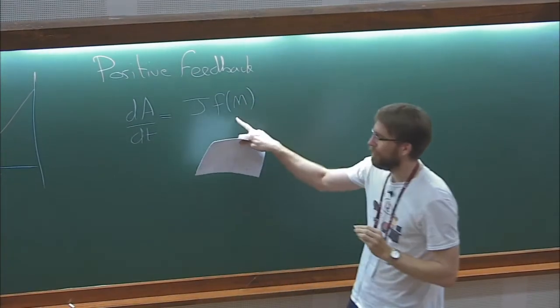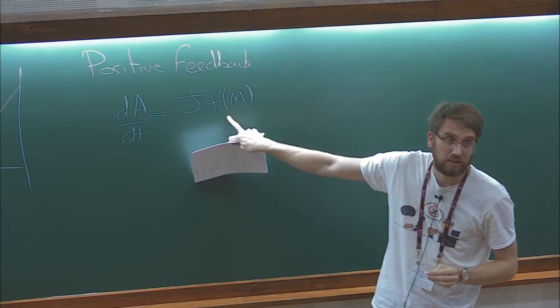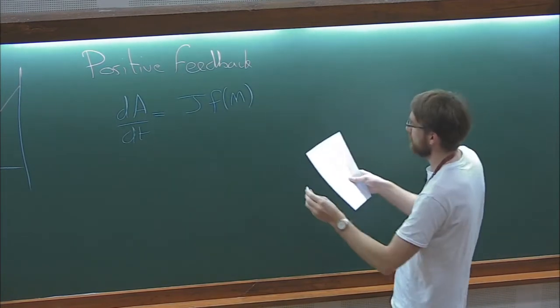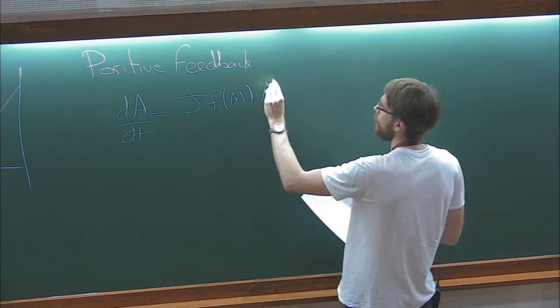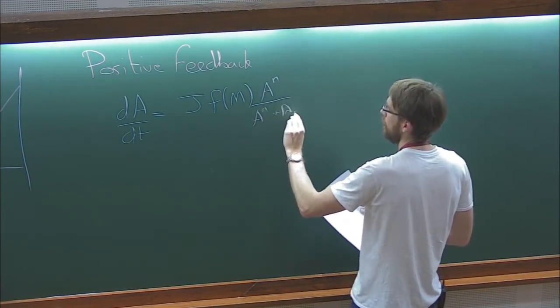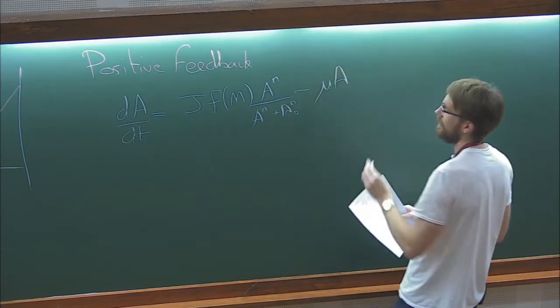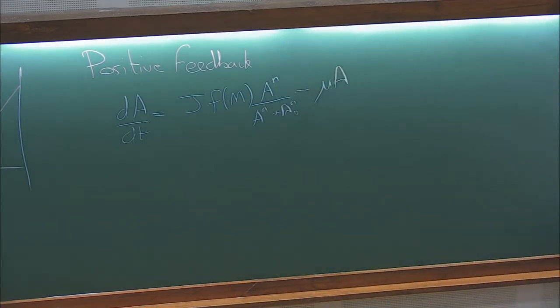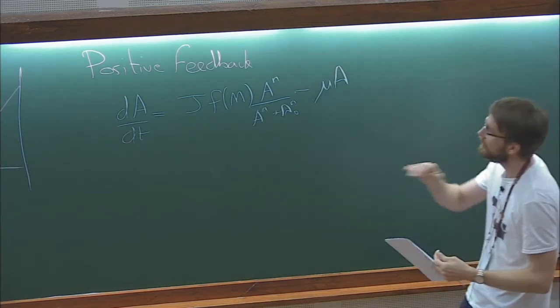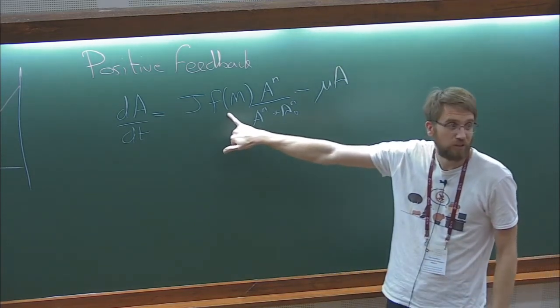I have some morphogenetic input, so this is a function of the morphogen acting on this gene. So you have the usual sort of response: some production rate that depends on the morphogen. If there's no morphogen, you don't produce.